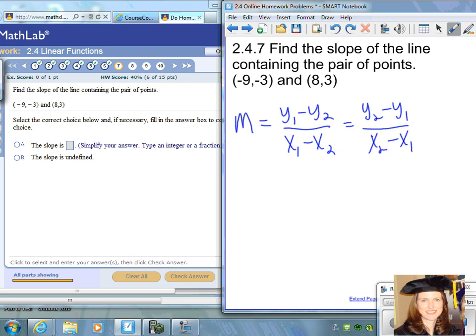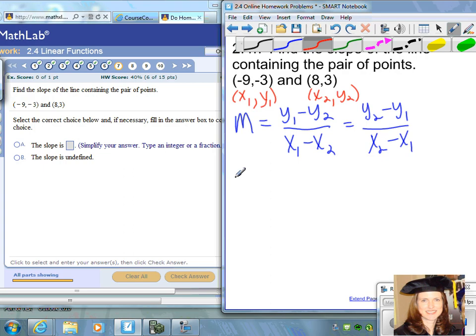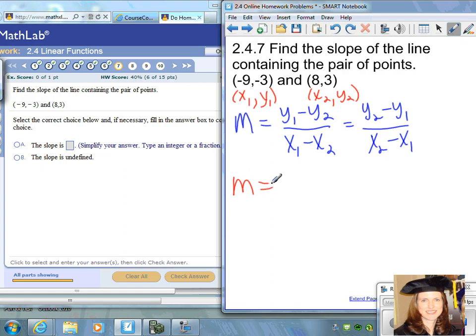You can use either one of these formulas as long as you're consistent. The first point here, -9, -3, that is actually your x sub 1 and your y sub 1, sorry. And the second point, 8, 3, is your x sub 2 and your y sub 2. So to find the slope, we're going to plug in those values.